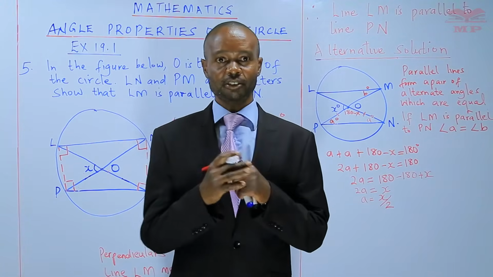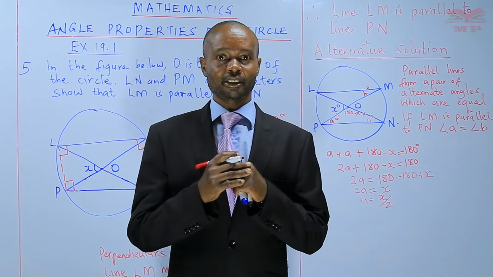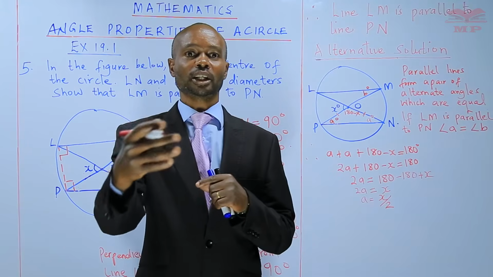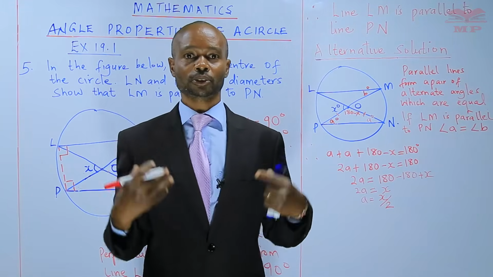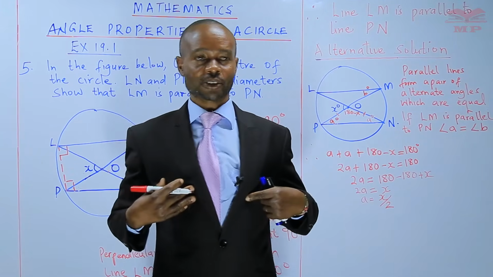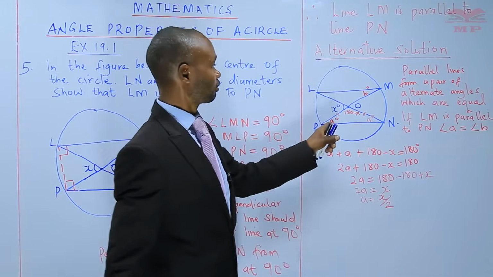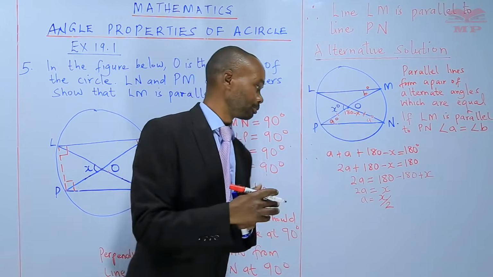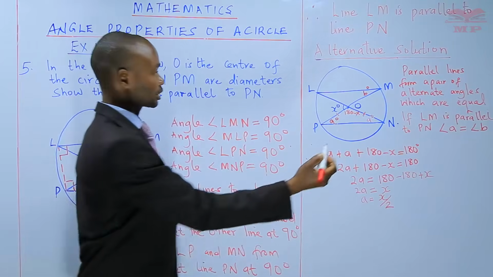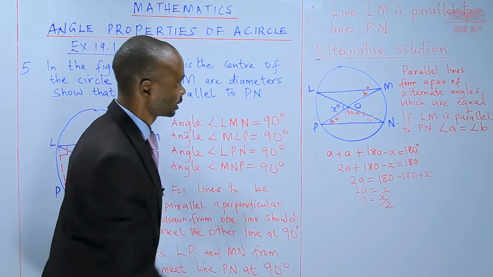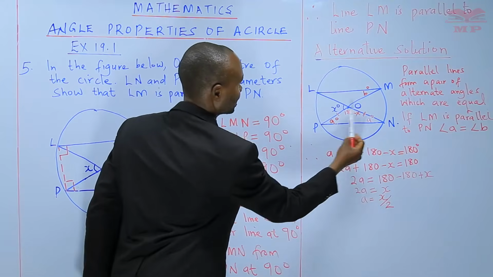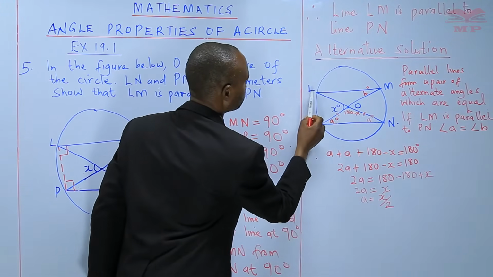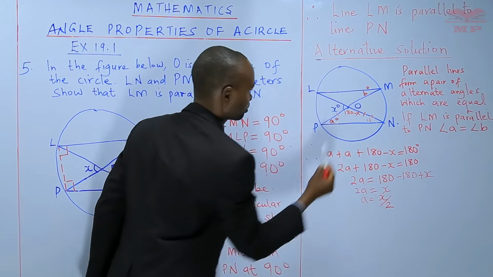That will be the value of A. I've already got the value of A. My next step will be getting the value of B to ascertain whether it is equal to A, because the alternate angles I was talking of were A and B. So I'll go back to that diagram. Given that PON is 180 minus x, it is directly opposite to LOM.